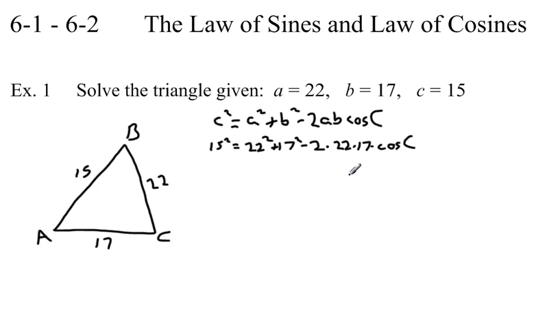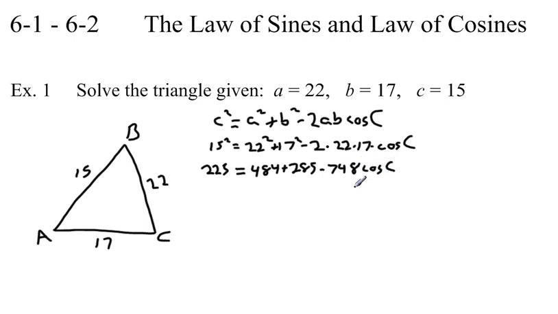Now notice we know everything in here except that angle, so I can simplify. I can grab my calculator here and simplify. I get 225 equals 484 plus 289 minus 2 times 22 times 17 is 748 times the cosine of angle C.